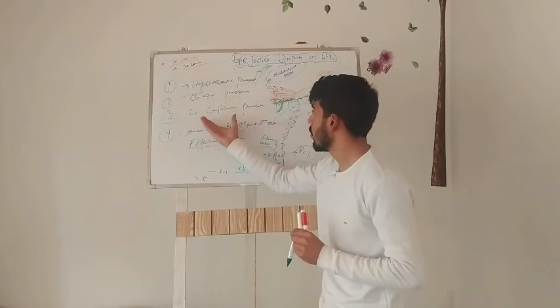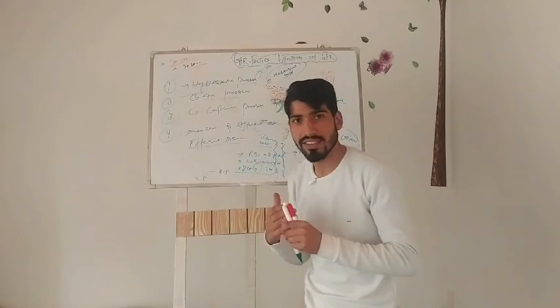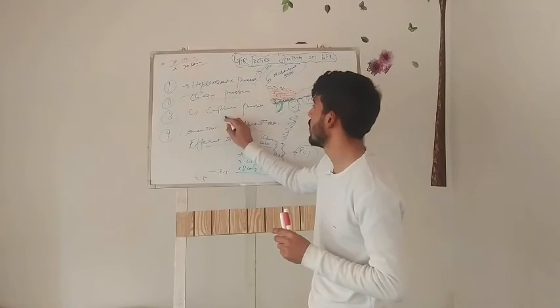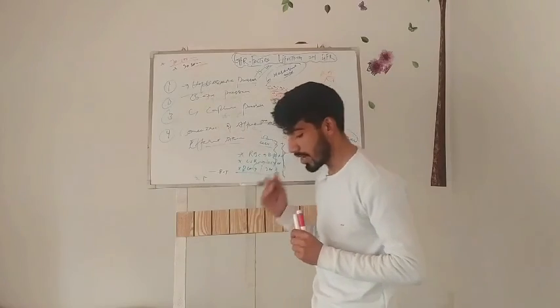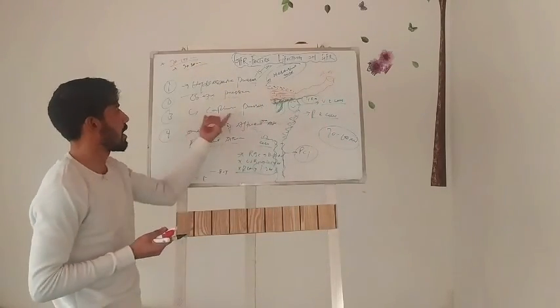The next one is glomerular capillary pressure. When it increases, the GFR also increases. It's about 25 mm mercury. So the first one is hydrostatic pressure, the next is osmotic pressure, and the third is glomerular capillary pressure.